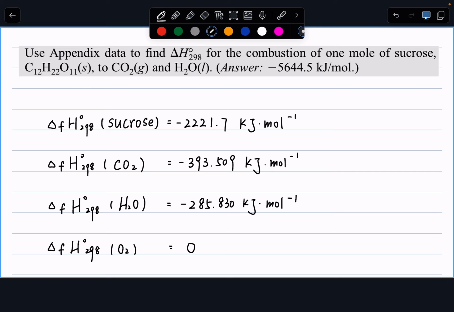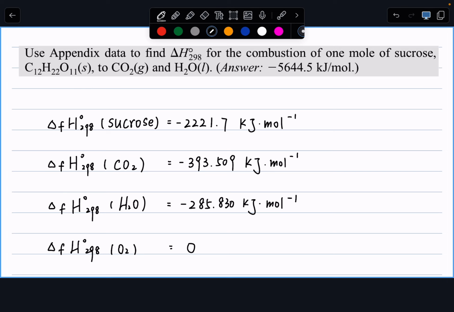If you already forgot how to balance chemical reactions, now is a good time to review your GenChem lectures. But then the question is asking for the standard enthalpy of the reaction at 298 Kelvin, so we can calculate that using our heat of formation. We have delta H naught at 298 Kelvin equals the sum of your stoichiometric coefficient times the heat of formation of each species. In this case, we'll just plug in numbers.